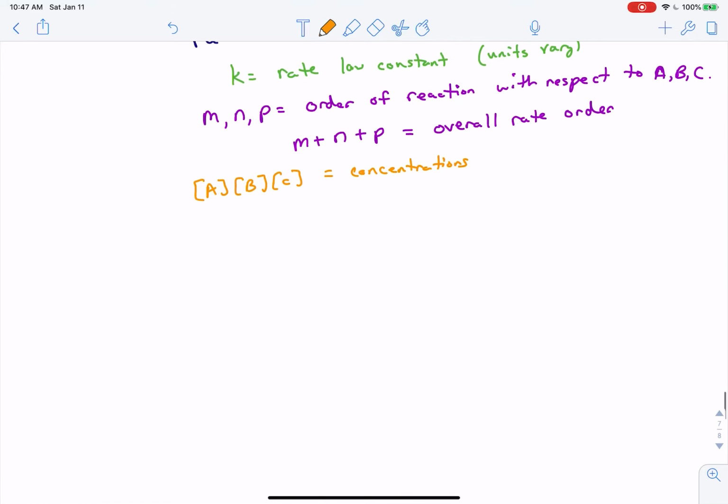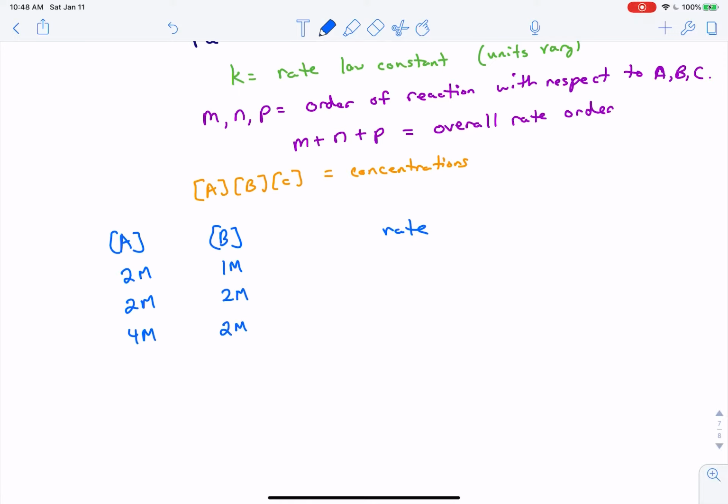Okay? And so, for example, let's say I have a reaction of A and B and the rate of each of those experiments. And I say A is 2 molar, and then it's 2 molar, and then 4 molar. And B is 1 molar, 2 molar, and then 2 molar.